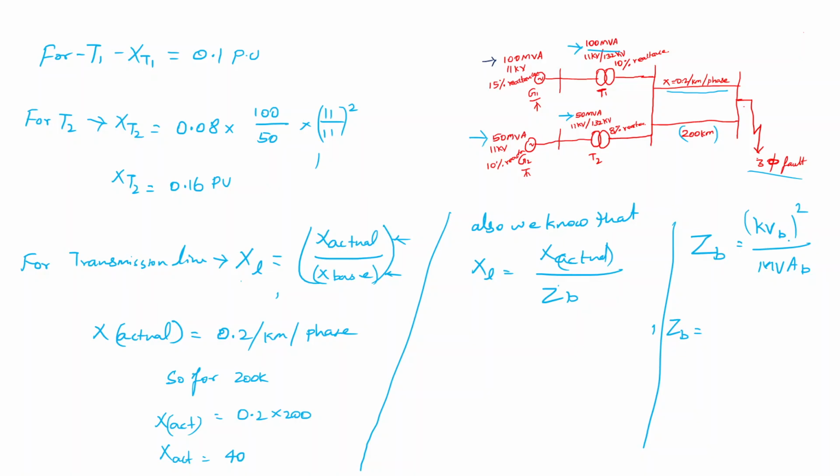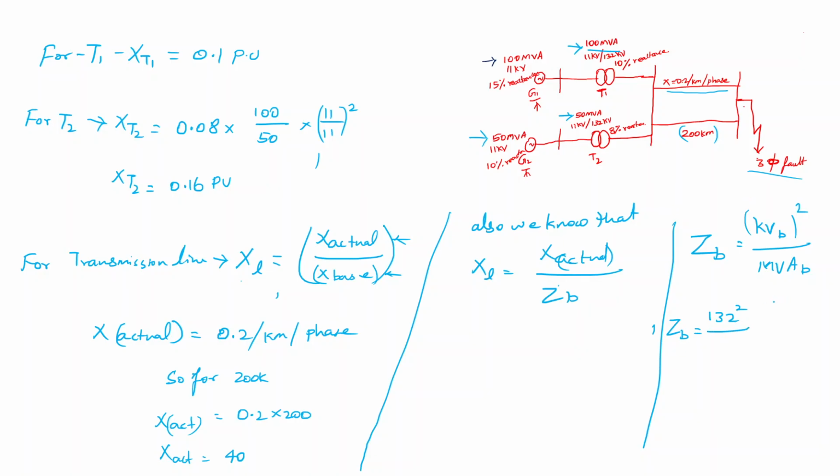It is 11 or 132? It is 132. Correct or not? Why? Because we are seeing in the higher voltage side. So at higher voltage side, the base we are considering is 132. That is higher voltage side of the transformer I am speaking. So 132 whole square divided by MVA.